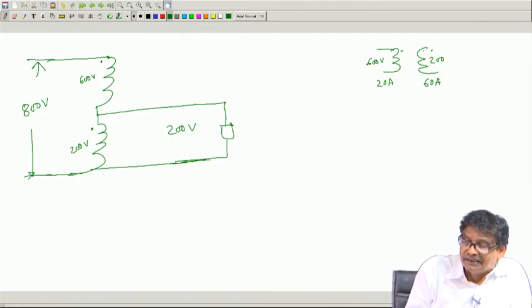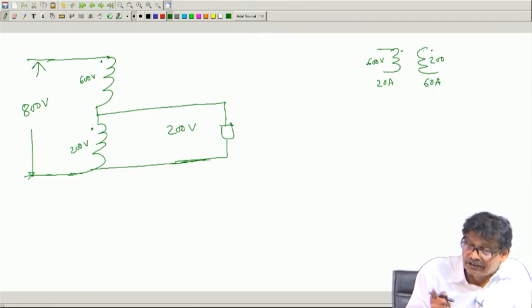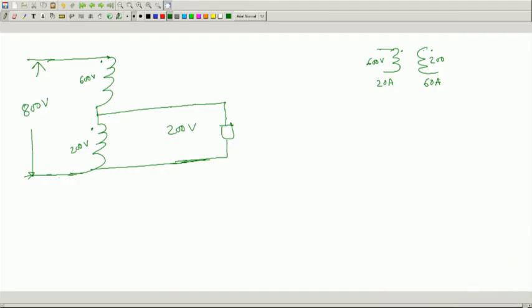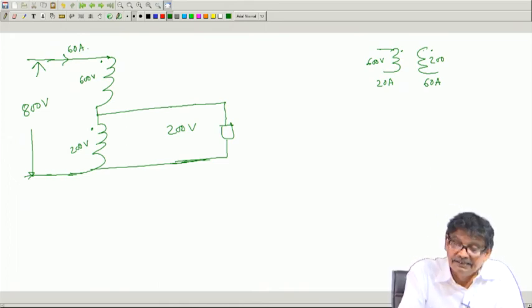Therefore, I can say that under no circumstances the maximum possible load, maximum current you should draw here, that will yield 60 ampere here, because that is the rated current of this winding.